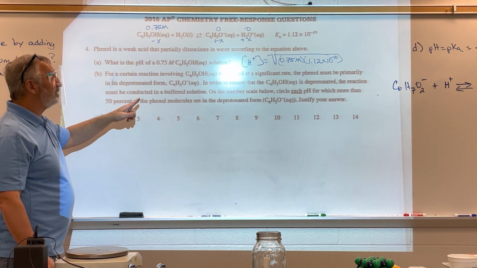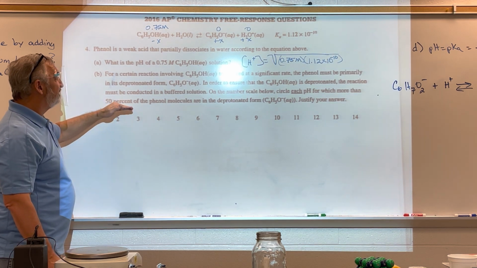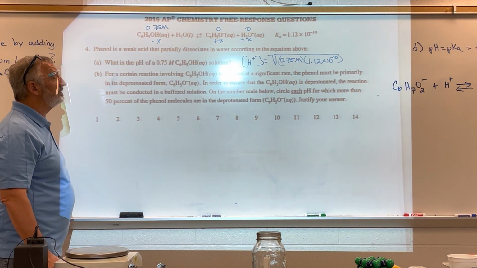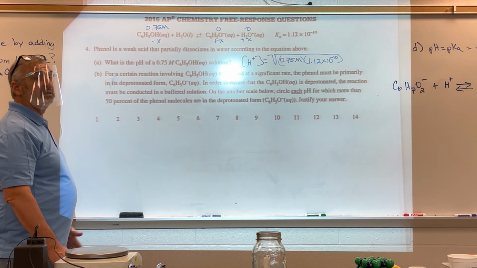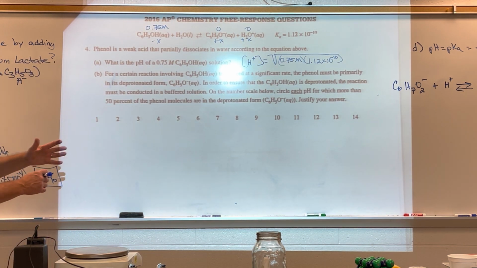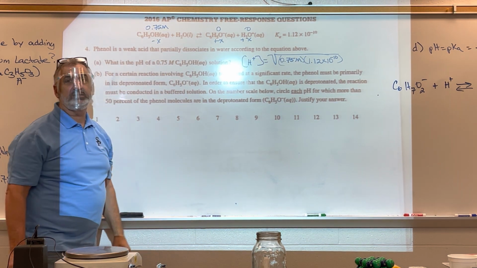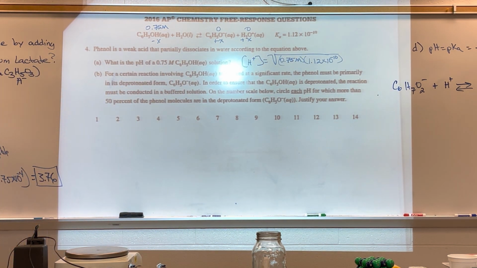On the number scale below, circle each pH for which more than 50% of the phenol molecules are in the deprotonated form. When does it go more over 50% of this than that? Past the half equivalence point. What's the pH going to be at the half equivalence point? pKa, right? Which is 10 to the minus 10.